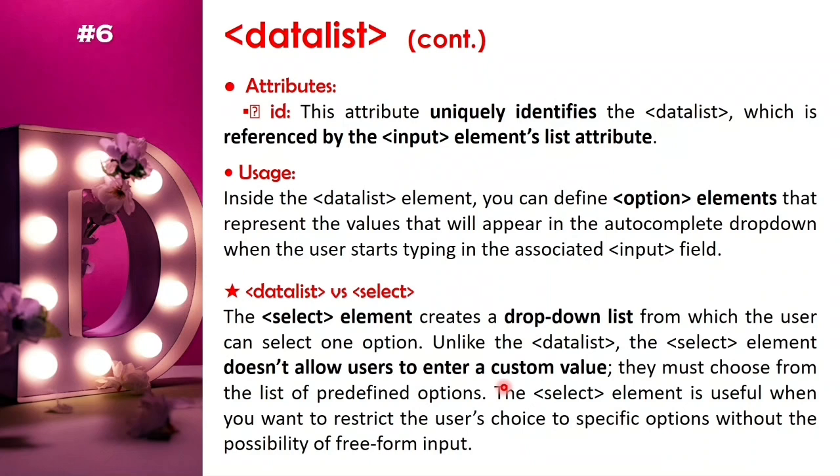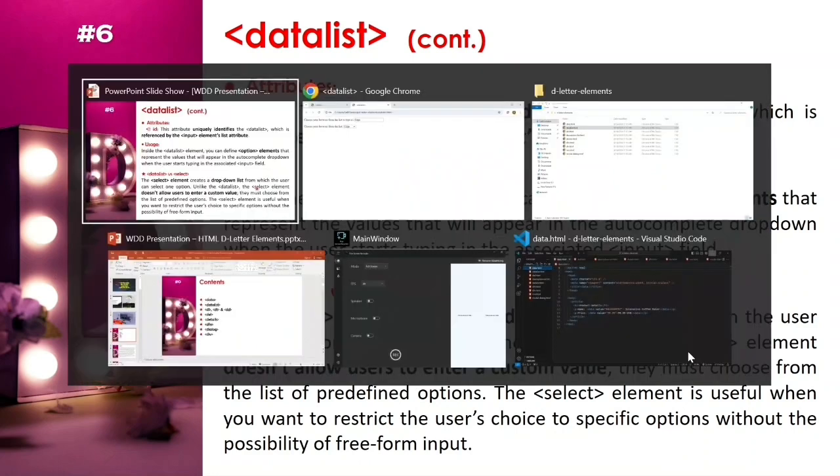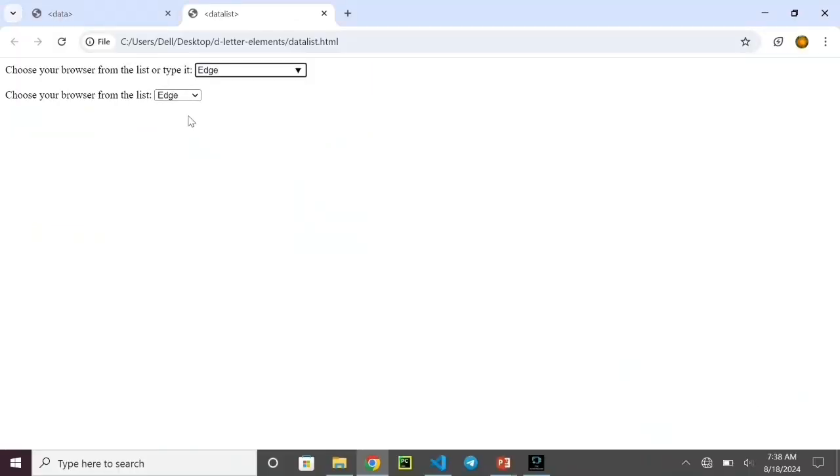You can't enter any custom value, but the data list element is pretty free form. You can choose anything from the list, and you can also provide any custom value if you want. On top of that, the select element doesn't provide any sort of autocomplete, right?